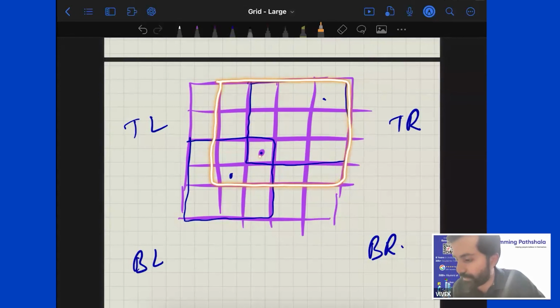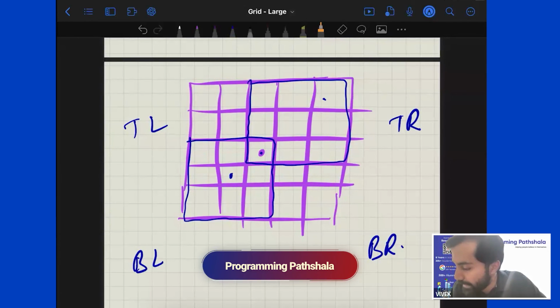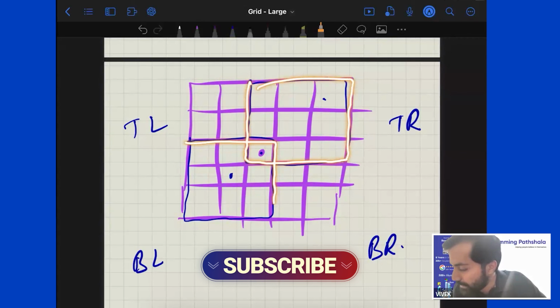So this will also pass through it. Is that making sense? Yes or no? The one who is saying this is saying that you should take into account such submatrices also, whose top right is in this part and bottom left is in this part.